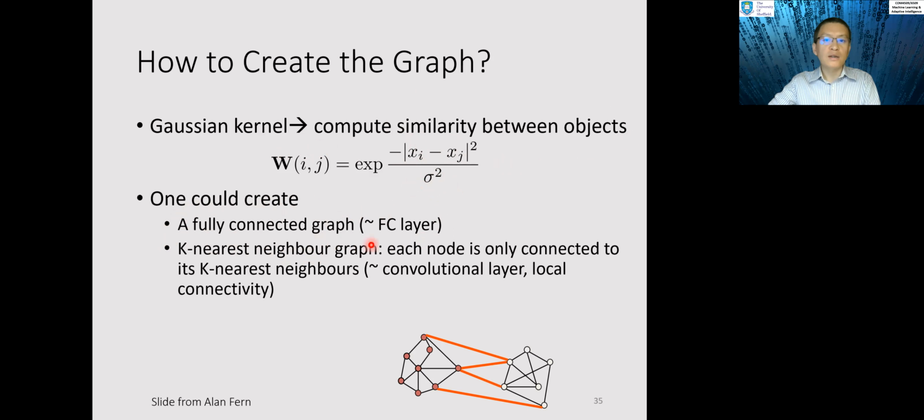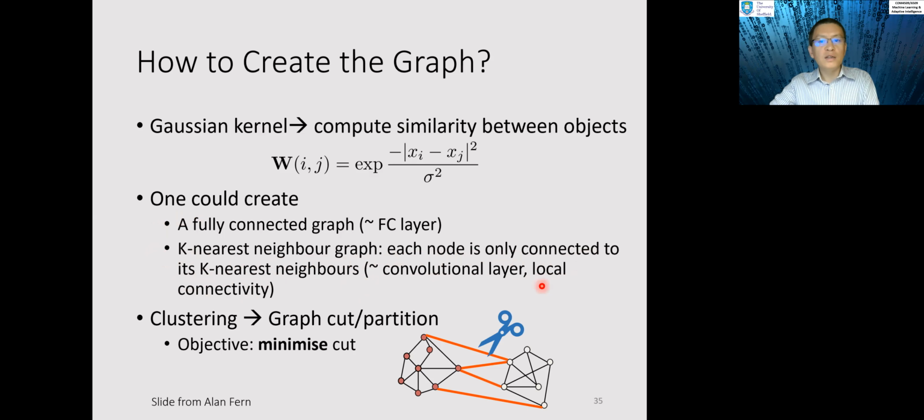This is analogous to the fully connected layers, where we compute the similarity between all the objects. But this can be very expensive for a large graph. Another choice is to create a k nearest neighbor graph, where each node is only connected to its k nearest neighbors, and we ignore the rest. This is analogous to the convolutional layers, which have local connectivity.